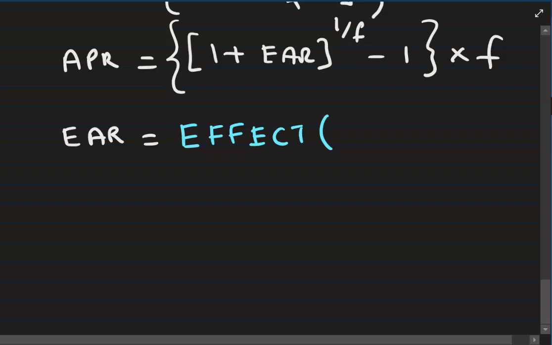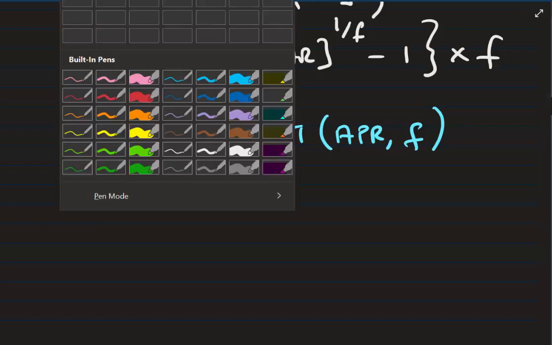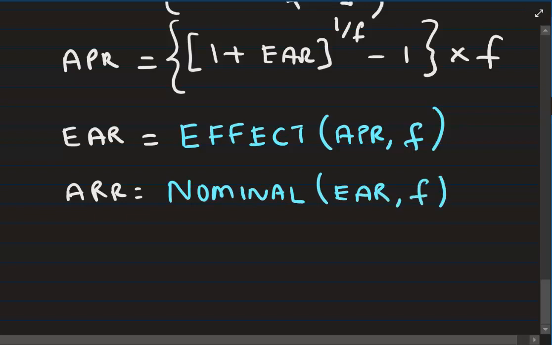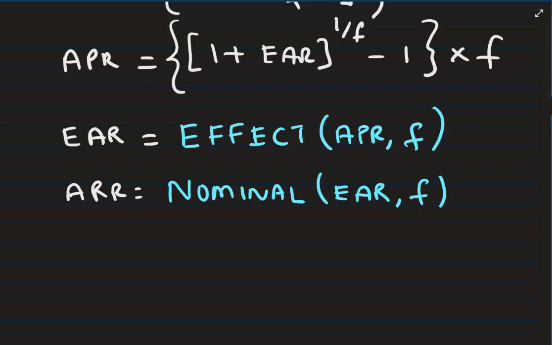The first argument is the APR. The second argument is how many periods are in a year. And for APR, the name of the function we have is NOMINAL. The first argument is effective annual rate. The second argument is frequency or number of periods in a year.